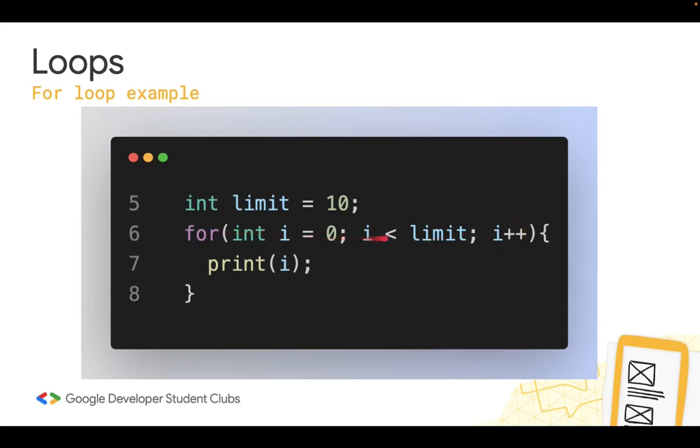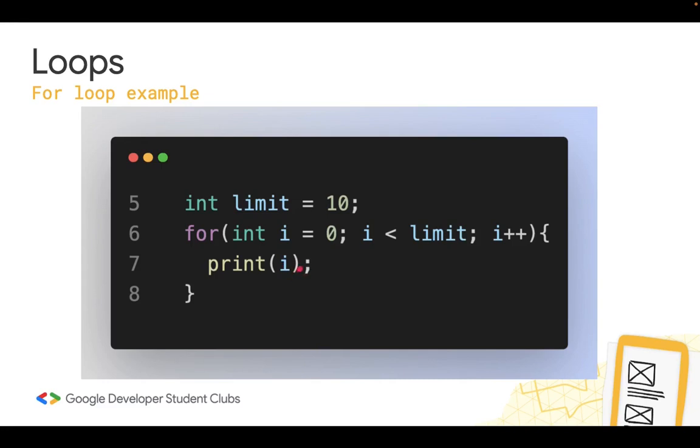The first time this loop is run, i is 0, and it checks if i is less than the limit, which is 10. Then that's true. 0 is less than 10, so it runs whatever block of code is in here, which for this instance is just print i.